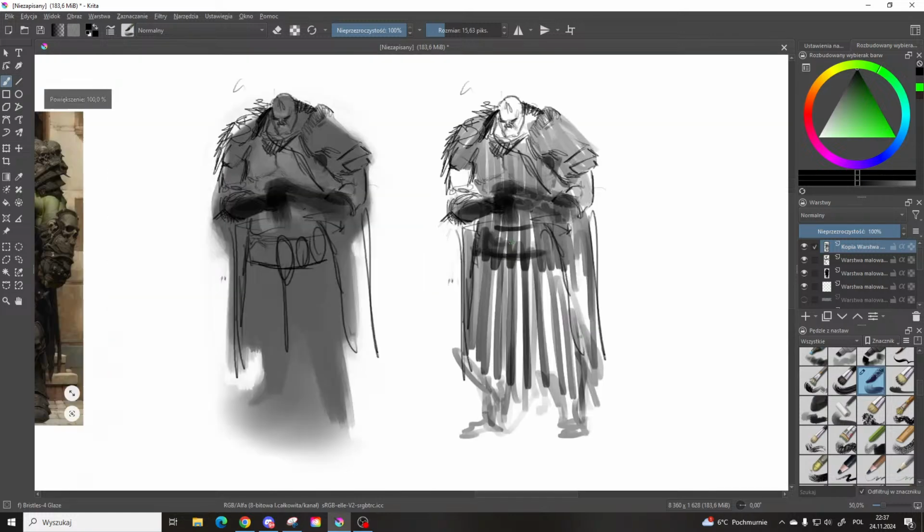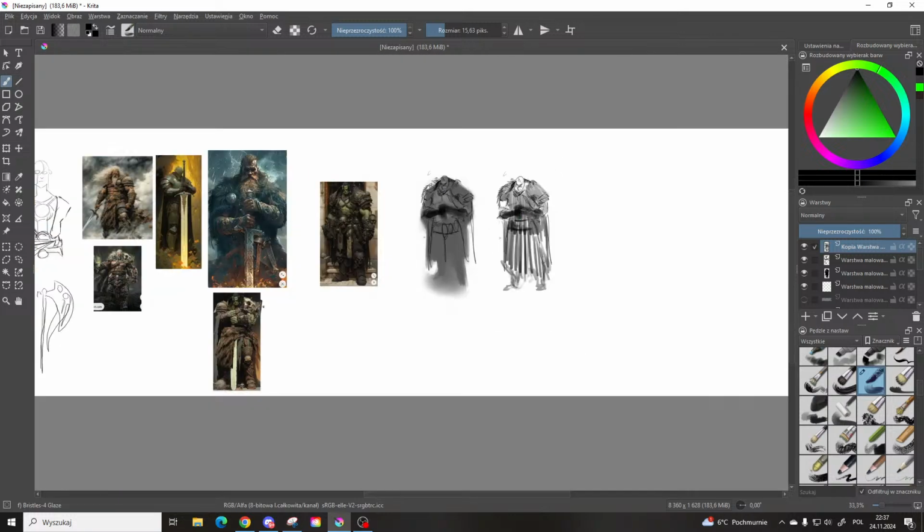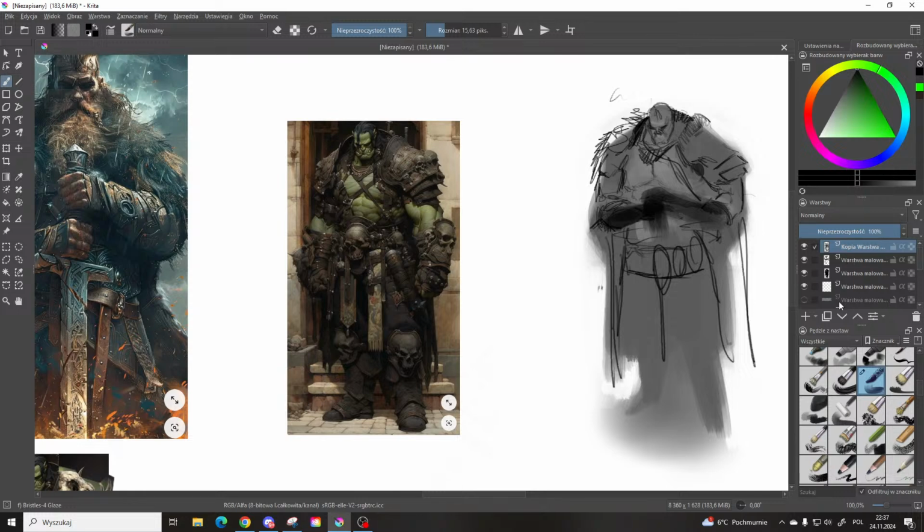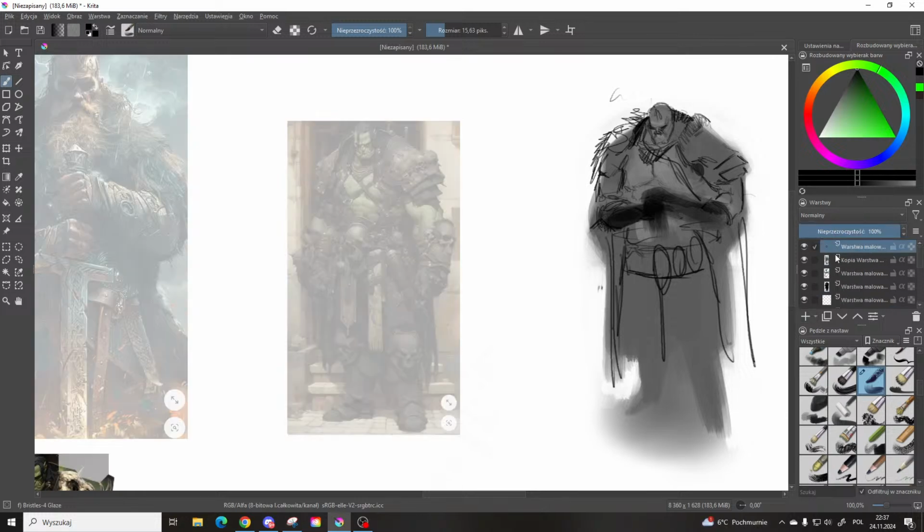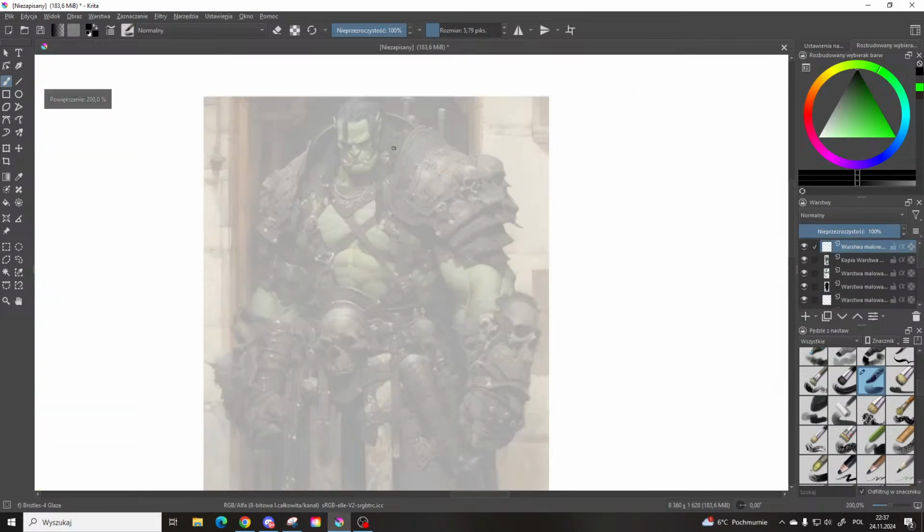This one looks more like a samurai. I don't like it. I'm gonna try what would happen if I would actually trace this guy. Maybe I need this very specific pose that he has for me to work.